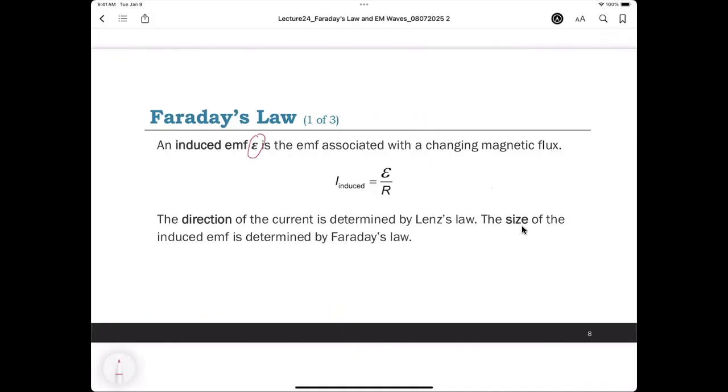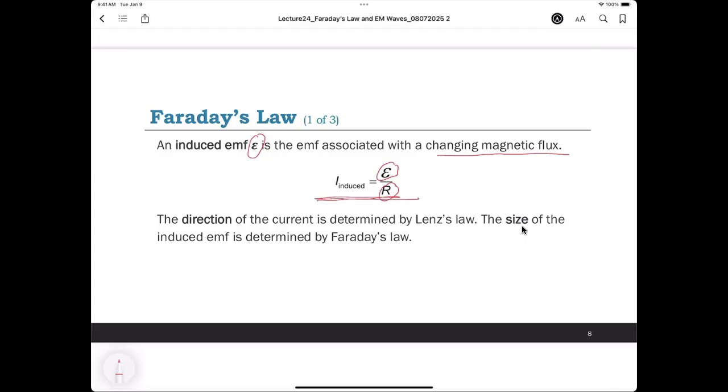After the magnetic flux changes, there will be an induced EMF, and then we can use Ohm's law with this equation to calculate the induced current, because usually we know the R. Does that make sense to you?